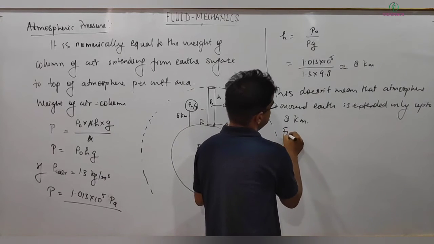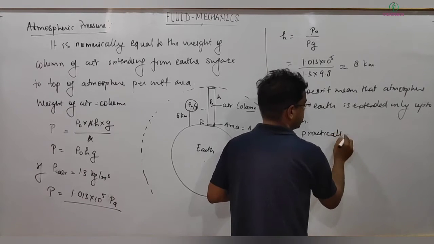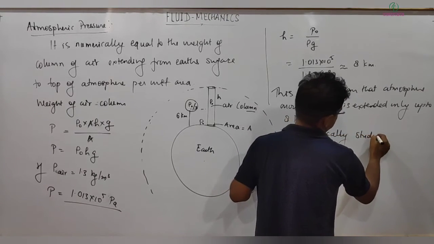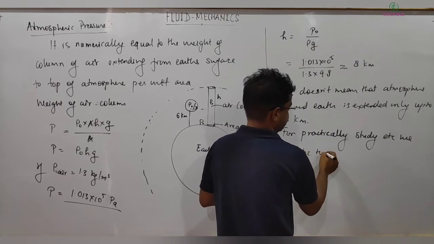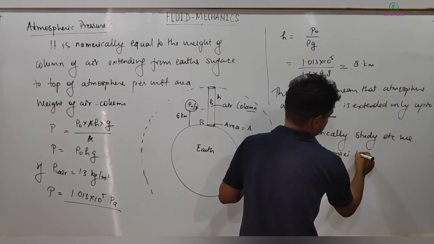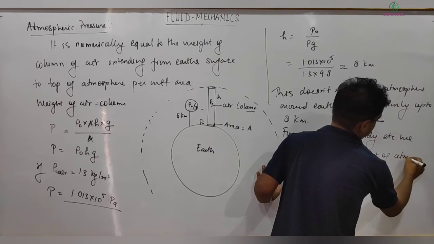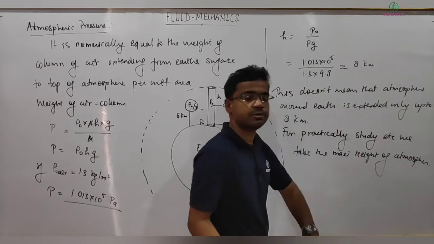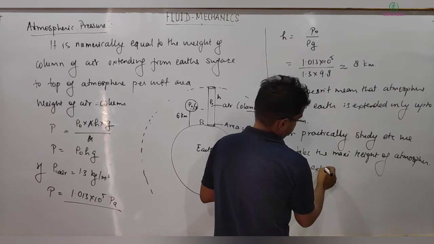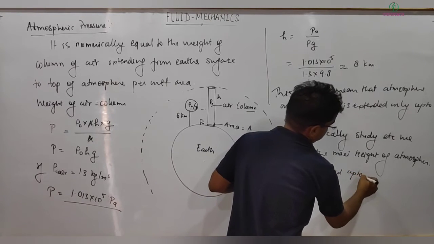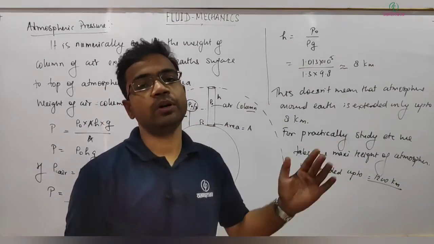For practical study purposes, we take the maximum height of the atmosphere, or we say the atmosphere is extended up to around 1200 kilometers, because density keeps on decreasing.